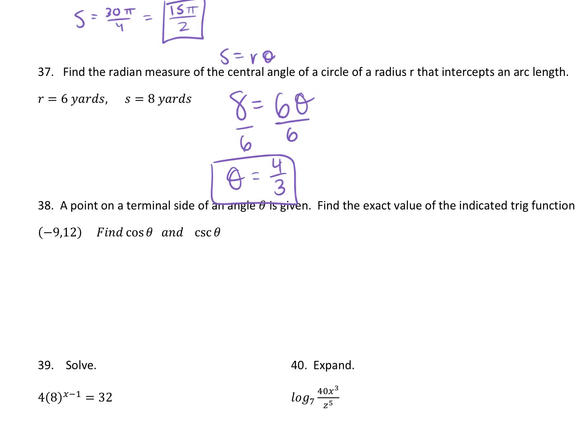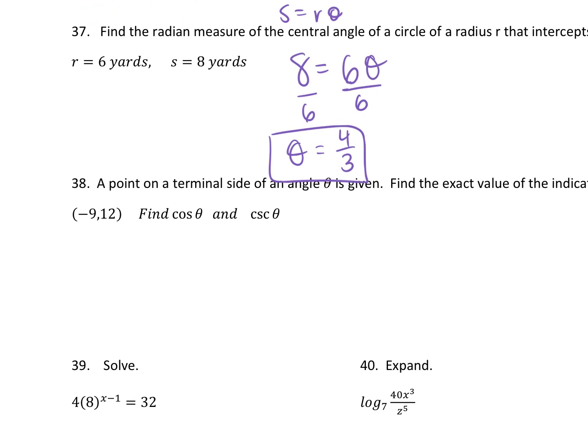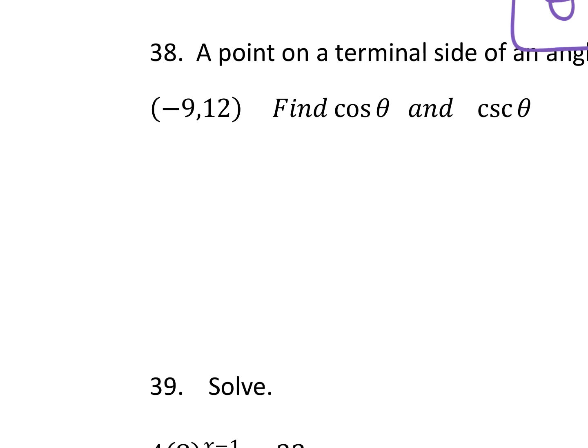So 38, a point on a terminal side of an angle theta is given. Find the exact value of the indicated trig function. So here I can graph the triangle if I wanted to. We can do that.